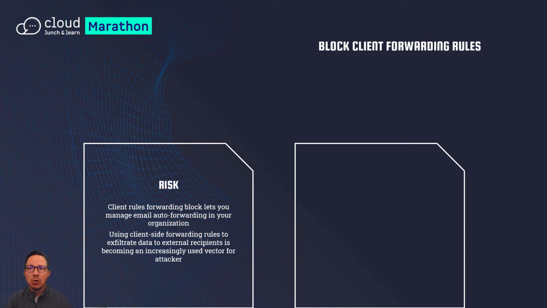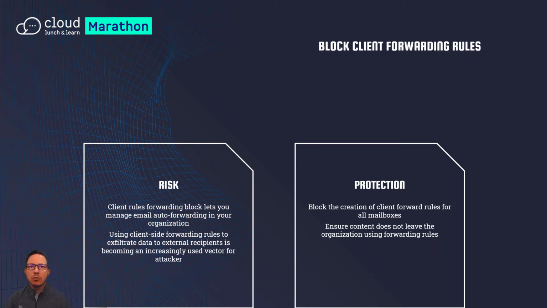And this means that they can exfiltrate data out of the organization to external recipients. So how can we protect from this? Well, first off, we can block the creation of client forwarding rules, which then will ensure that the content doesn't leave the organization. It also mitigates against that very common 365 attack, which seems to happen almost all the time.